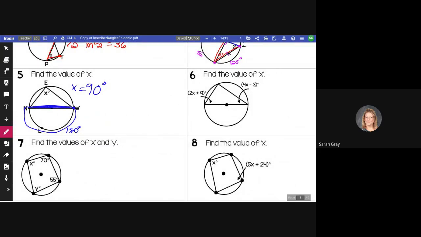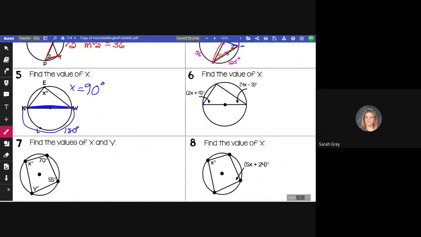Okay, find the value of x. So here, same thing. One of the sides of the triangle is the diameter. So this angle has to be a 90 because it opens up to a 180-degree arc. So then these two angles left over in the triangle have to add up to 90.